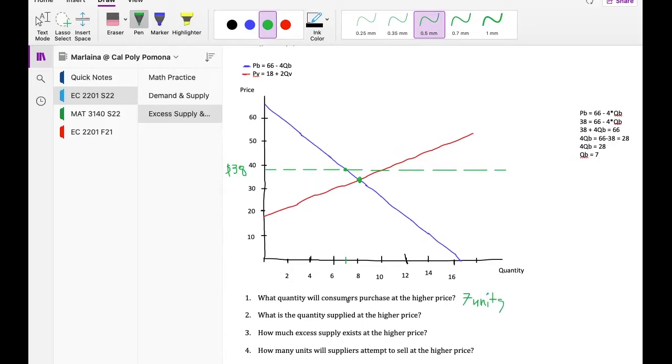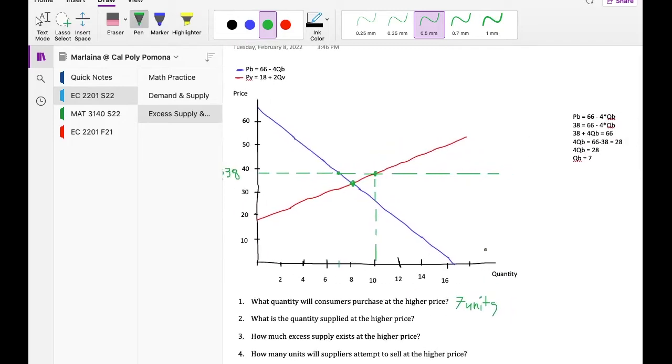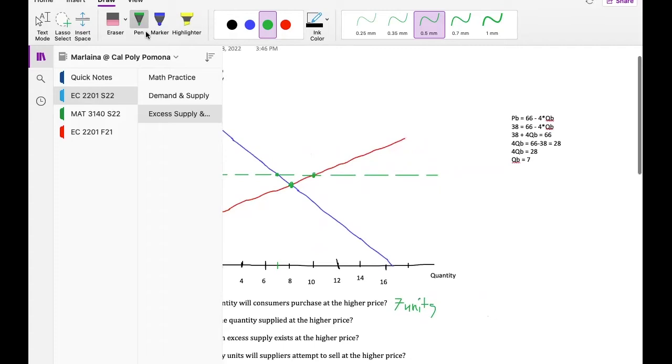Now we're going to look at the quantity supplied. So we're going to look at the supply curve, and we're just going to go up to where it meets the price. If we go down, it looks like that's going to be 10 units. And we can also double check this the same way that we double checked for the consumers.